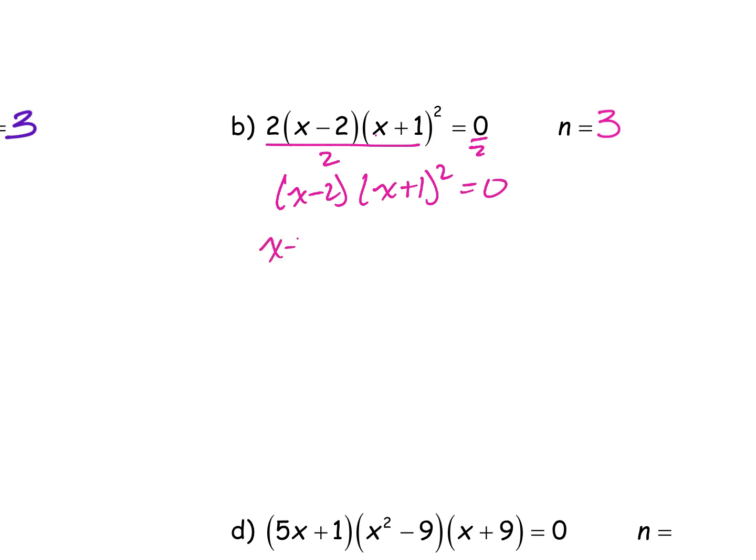So I'd have x minus 2 equaling 0. And then I'd have x plus 1 equals 0, and x plus 1 equals 0, because I have 2 of those. I have 2 x plus 1s. So that means x is going to equal add 2 and then subtract 1 with a multiplicity of, I have 2 of those. So I just put negative 1 m2. That shows me that I know that I have 2 negative 1s. Okay?